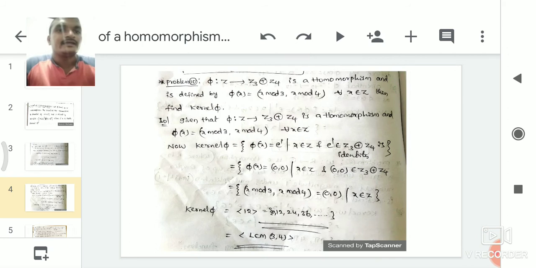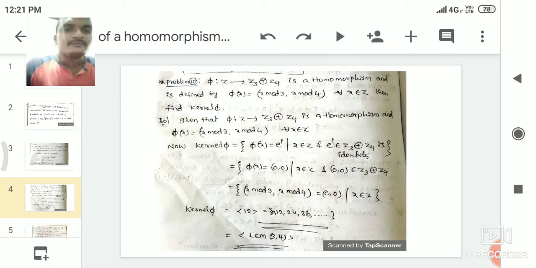That's why here kernel phi is equal to generator of 12, that is nothing but 0, 12, 24, 36, 48 and so on. Here clearly we observe that it is generator of LCM of 3, 4. What is the LCM of 3, 4? LCM of 3, 4 is 12. That's why this 12 can be written as generator of LCM of 3, 4. Okay, here kernel phi is generator of LCM of 3, 4.